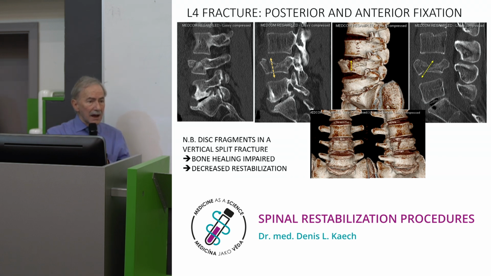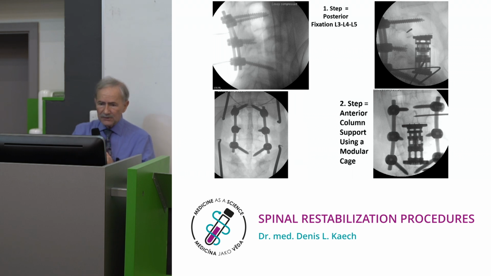There won't be a consolidation. And so the best technique is then to really address the problem with a posterior instrumentation and then add anterior instrumentation. This is major spinal surgery done in big centers.